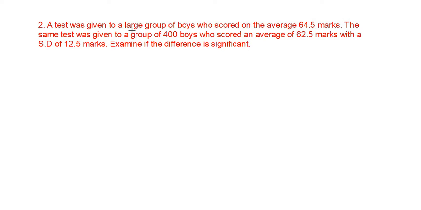So it is given the large group of boys scored average 64.5. So this is a population mean 64.5, that is mu is equal to 64.5.